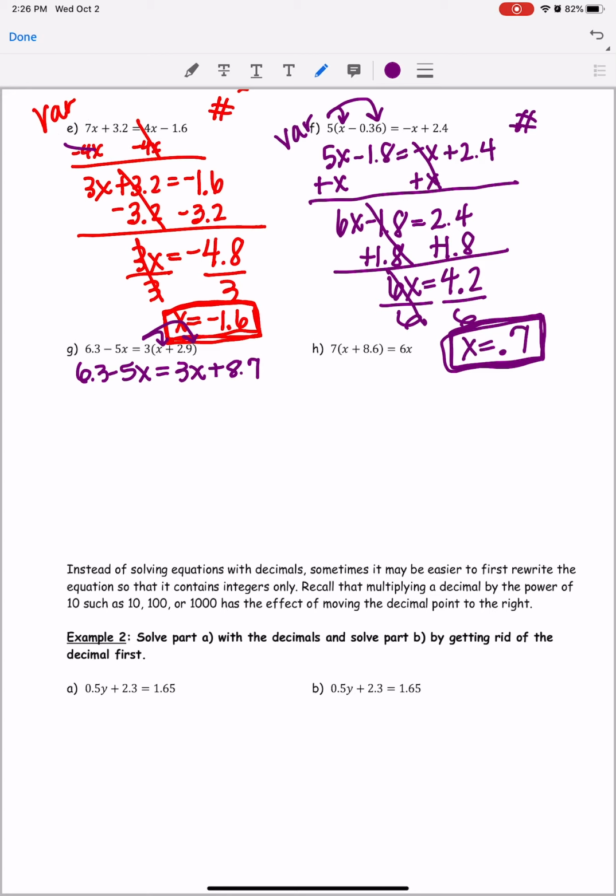Get your variable to one side, your constant to the other. I'm usually a fan of variable over here and number over here. So let's do this again. So if I want to get my variable to the left, the opposite of a positive 3x is to subtract it.